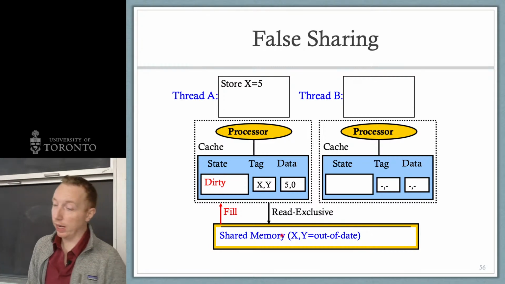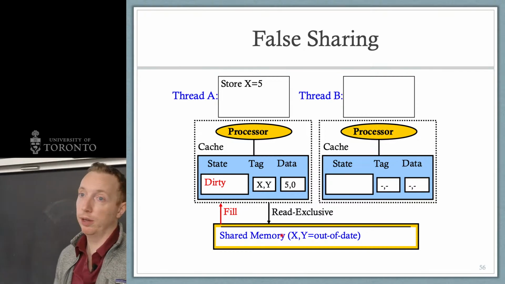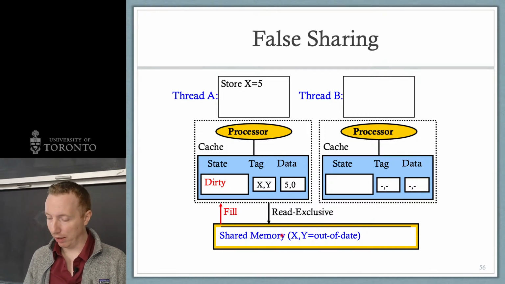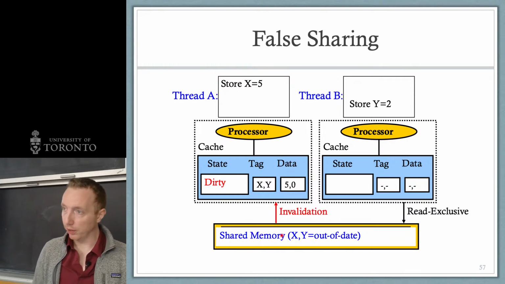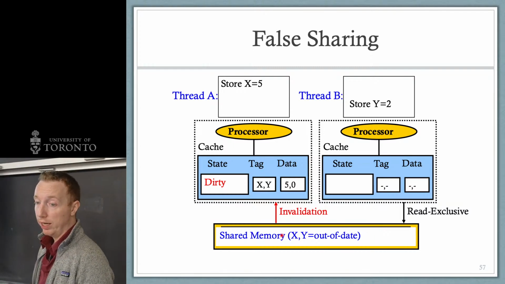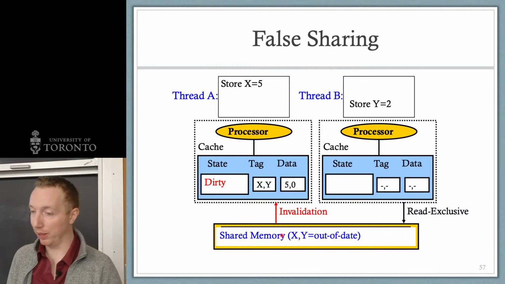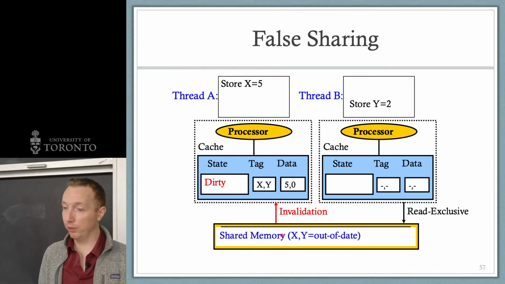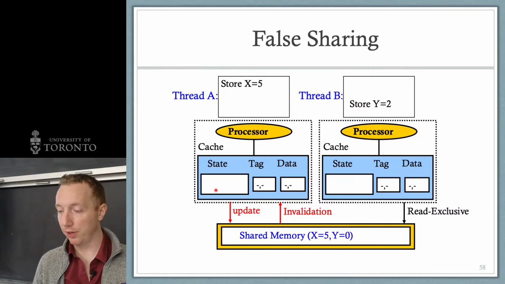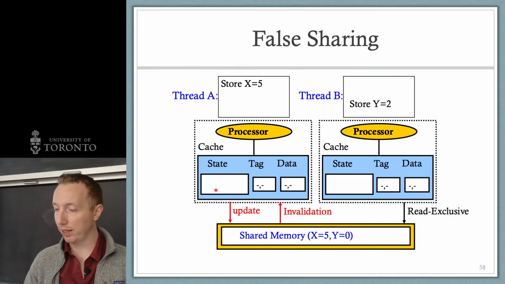Now, because thread A has modified that value, main memory is out of sync. So if thread B stores to Y, that is the same cache line, so it will send that read exclusive, which would cause thread A to invalidate its cache and also update main memory, because it has to do the write back again.